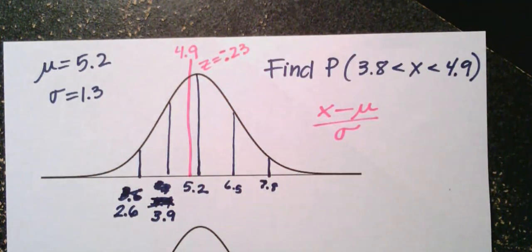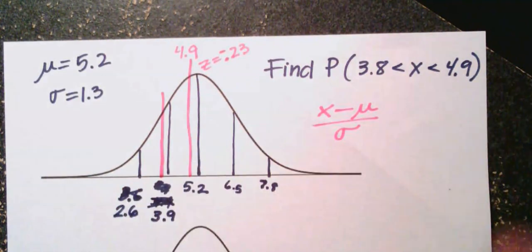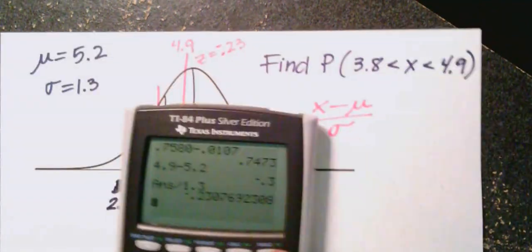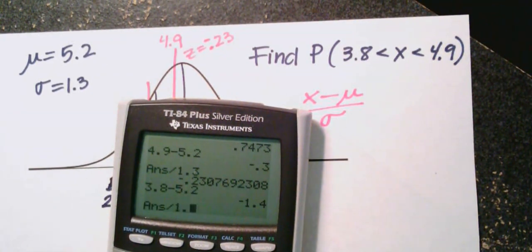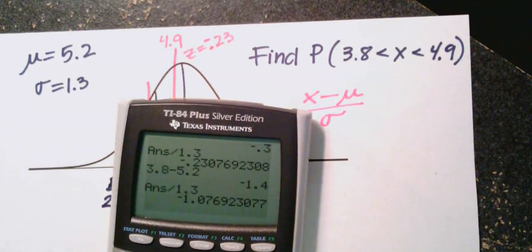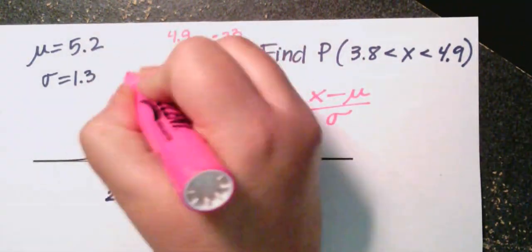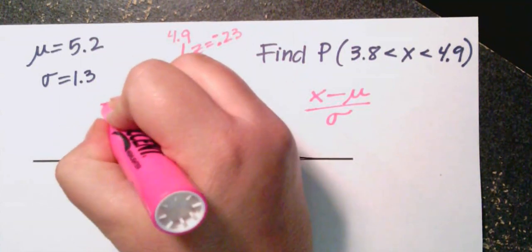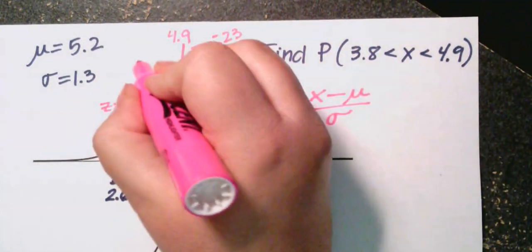And then my z-score for 3.8, which is over here, is 3.8 minus 5.2 divided by 1.3 again. And that's negative 1.07. I'm going to round it to the tenths, so that's negative 1.1. This was 3.8.